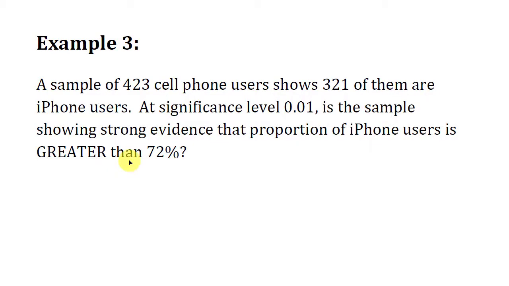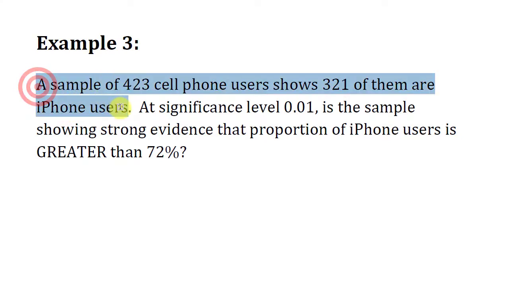And so now, getting into the problem. First step, once again, I am going to nail down the values of the sample that we're using. Back in the reading of the problem: a sample of 423 cell phone users shows 321 of them are iPhone users.